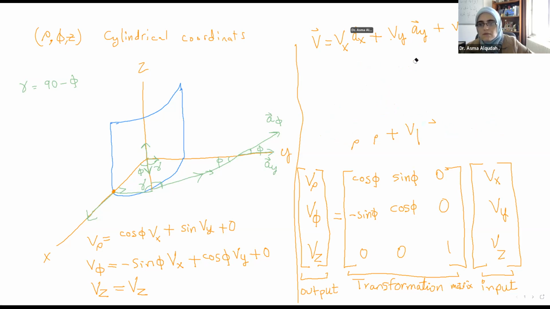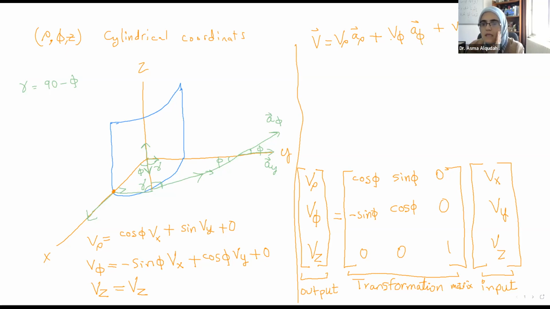Okay, so to do this, what we are given here is the components in the cylindrical system. So we have v sub rho, a sub rho, and we have v sub phi, a sub phi, and we have v sub z.